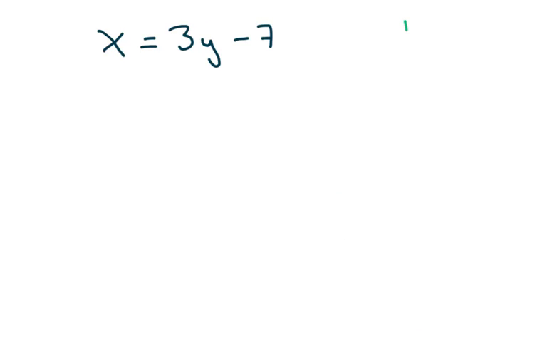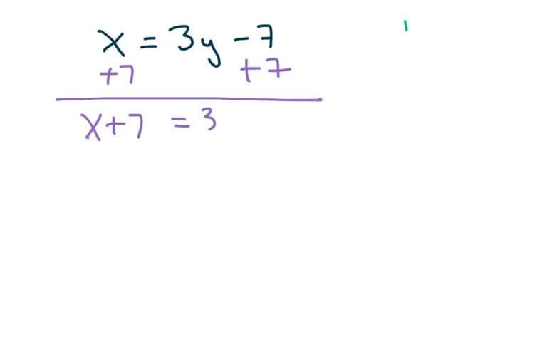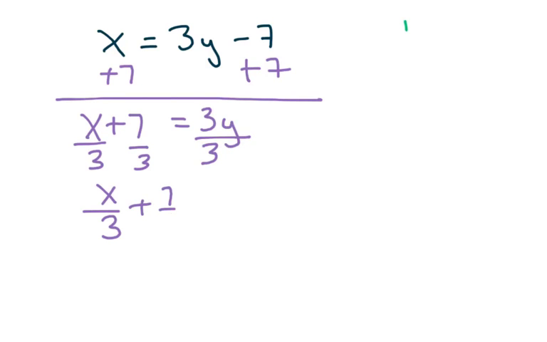Okay, the next one we have is x equals 3y minus 7. What I'm going to do here is basically add 7 to both sides. So in this case, I'm going to get x plus 7 equals 3y. And now I'm going to divide everything by 3 because I want to isolate my y. So we're going to get x over 3 plus 7 over 3 equals y, because these will cancel, and I've done it.